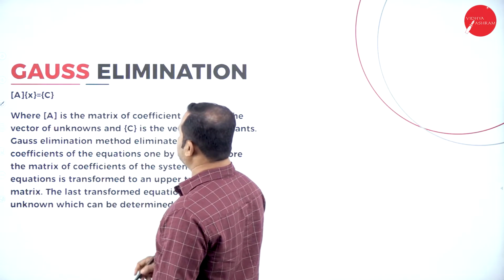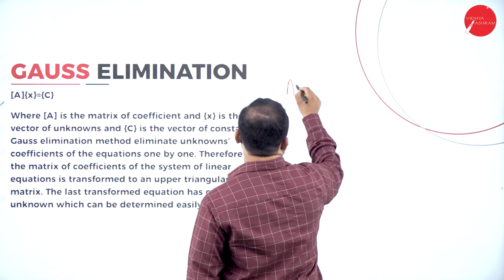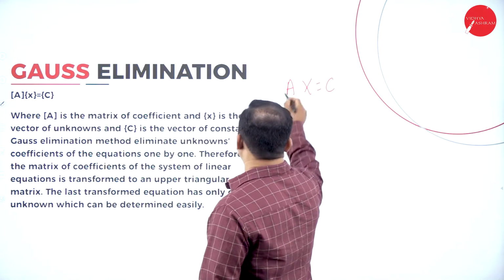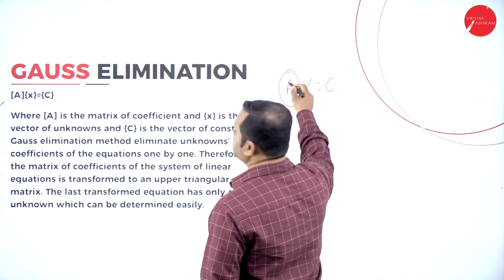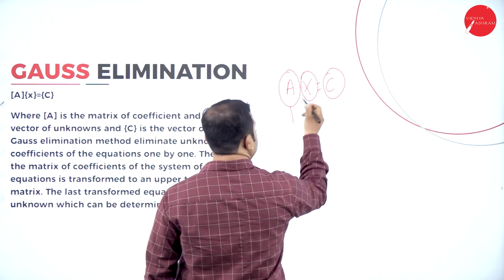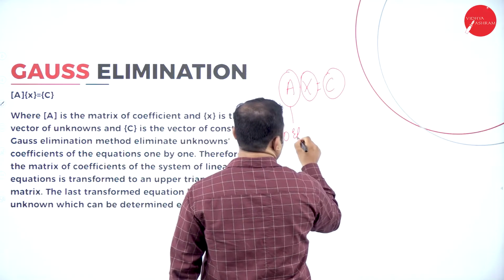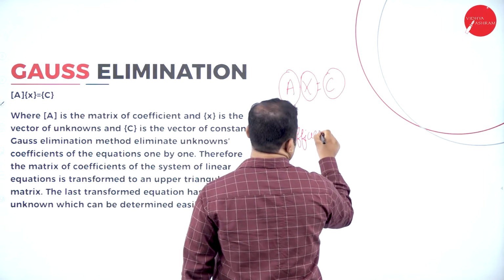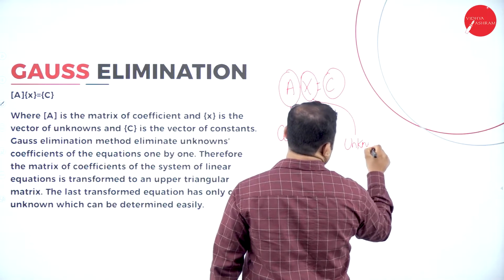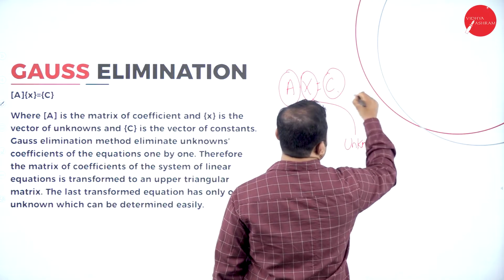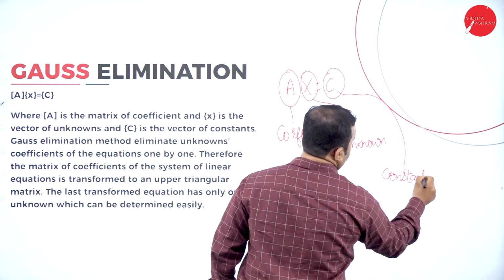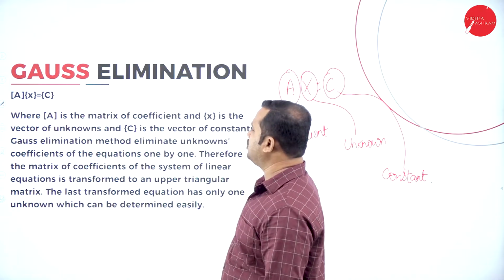So, if that is the case, we can represent it in the form of A into X equal to C, where A is the aij, that is the coefficient, X is the unknown, which needs to be determined, and C is a constant.